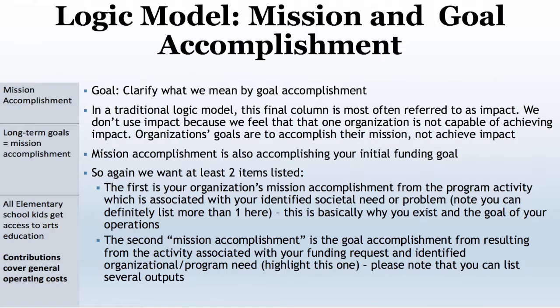In relation to our specific funding request, our goal was to cover general operating costs with contributions. And our goal accomplishment is then contributions cover general operating costs. So as you can see, the mission accomplishment and goal accomplishment column is directly related to the goal column, which is the second column in your logic model.